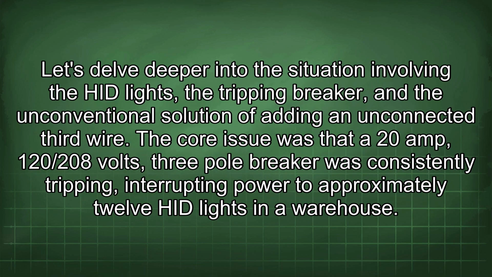Let's delve deeper into the situation involving the HID lights, the tripping breaker, and the unconventional solution of adding an unconnected third wire. The core issue was that a 20 amp, 120/208 volt, 3-pole breaker was consistently tripping, interrupting power to approximately 12 HID lights in the warehouse.